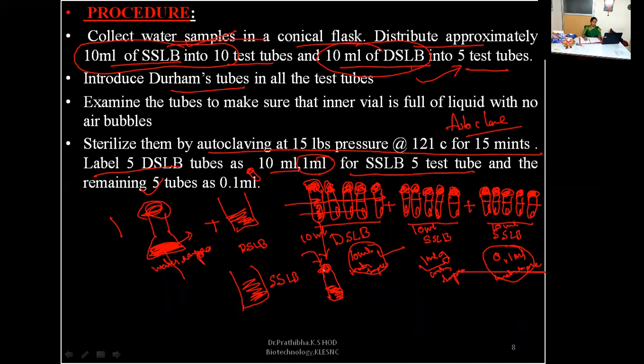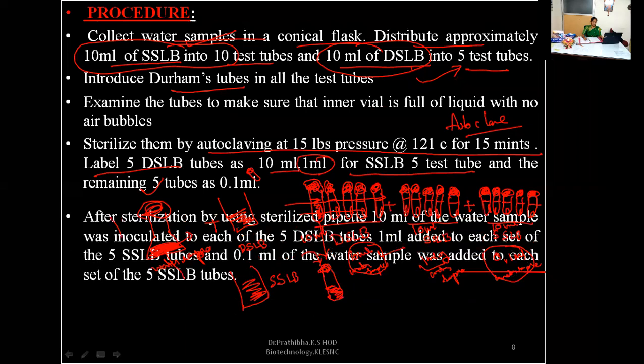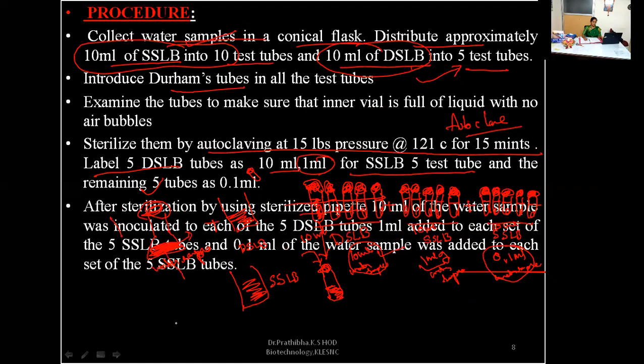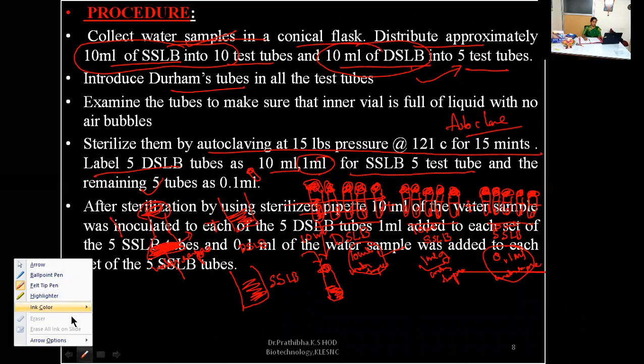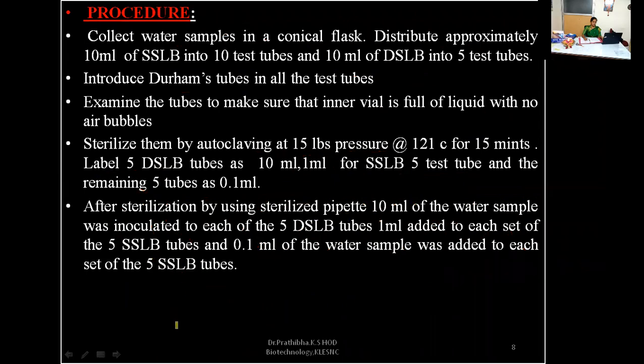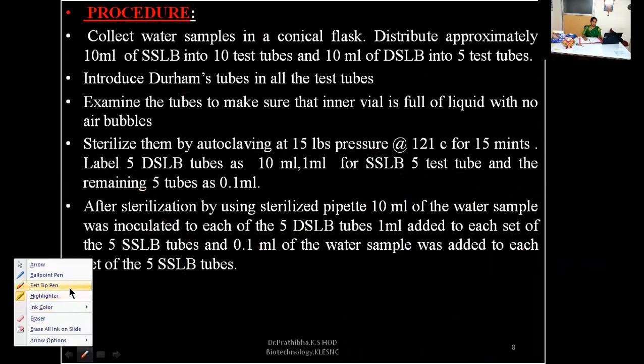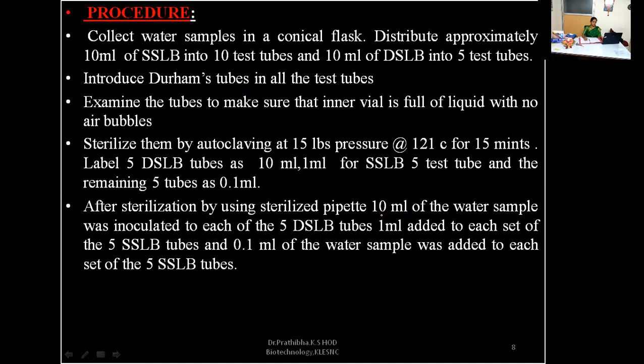Take out this particular cotton. Once you take out the cotton, by using the sterile pipette, you take the water sample and add it to this particular test tube. You add it to the test tube, mix thoroughly and keep it back. So after sterilization, by using the sterilized pipette, you are going to add this 10 ml of water sample to all the test tubes.